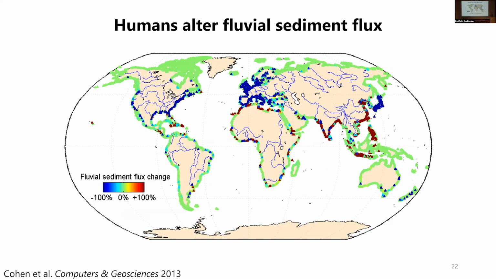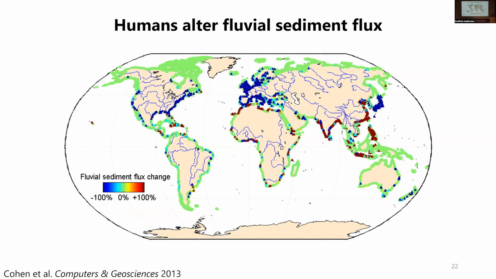We have good data sets of that as well. We can see, for example, here all the blues are deltas where humans have greatly decreased the sediment flux reaching the delta primarily because of river dams. And all these reds are cases where humans have greatly increased the amount of sediment flux reaching the coast, primarily because of deforestation and land degradation.